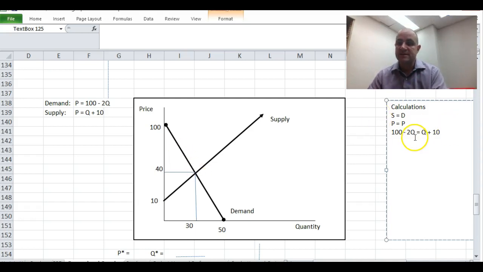Add Q to both sides, subtract 10 from both sides, you get 3Q equals 90, and so Q equals 30. That's the equilibrium quantity, which we found here. You plug that into either the demand or supply equation. Let's do it for the supply: Q plus 10 is the price, 30 plus 10 is 40.